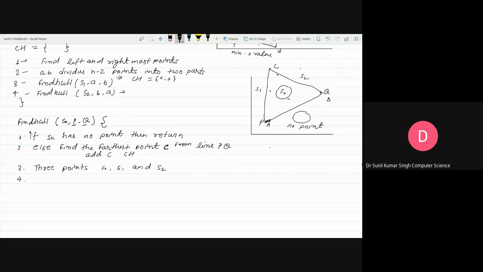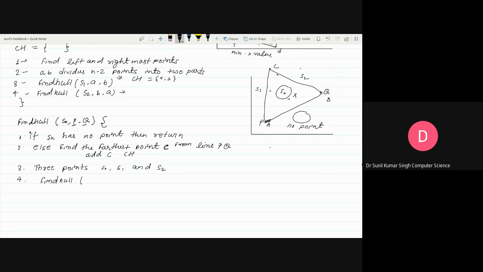And how will it be called? Find hull for S1, because S0 is meaningless because it is inside the boundary, and of course some steps are involved here to check whether S0 is inside or not.